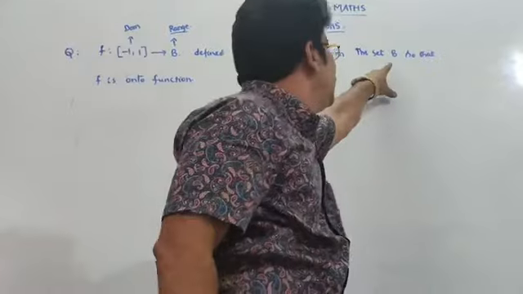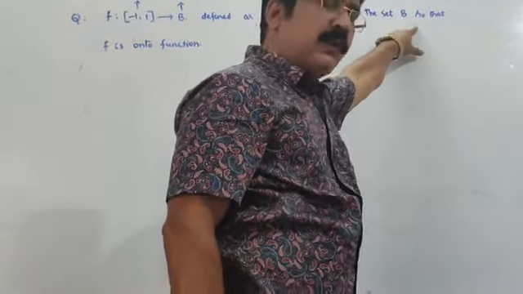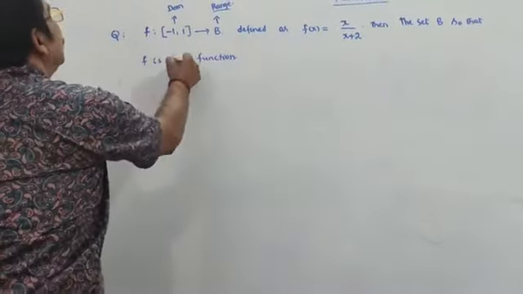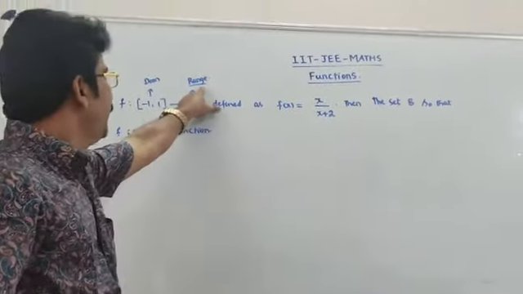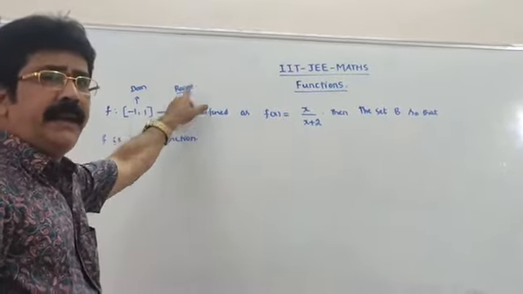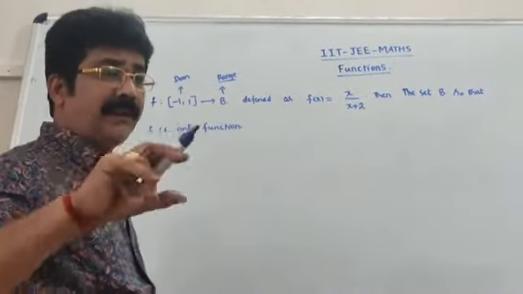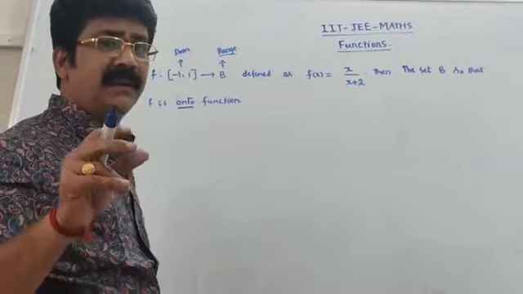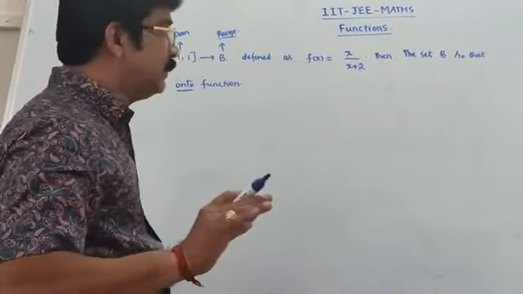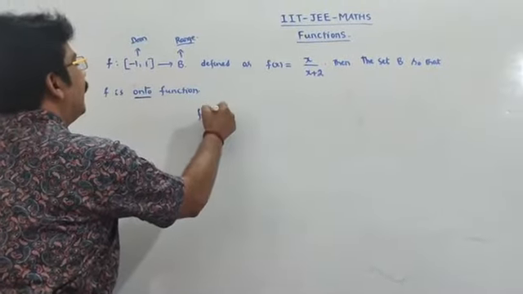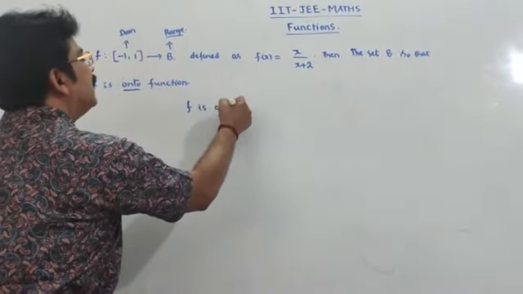We have to find the set capital B so that f of x is an onto function. That's why I wrote the range directly. Already I explained in the previous episode the vital difference between range and codomain. Refer to it.